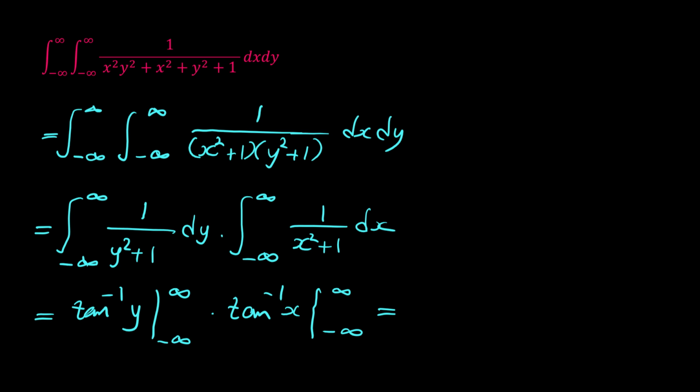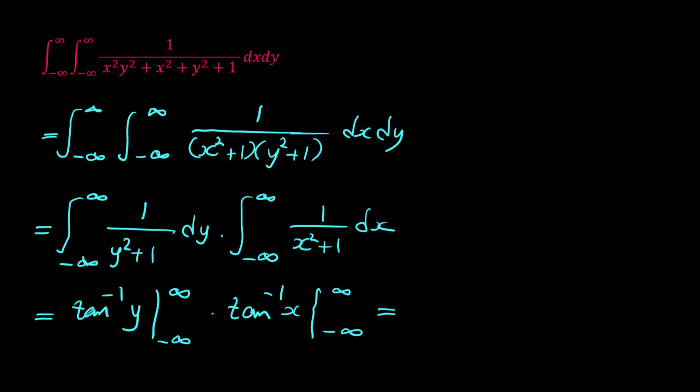Now, simply, we have to substitute infinity for y and negative infinity for y, and subtract. Tangent inverse of y when y approaches infinity is pi over 2.